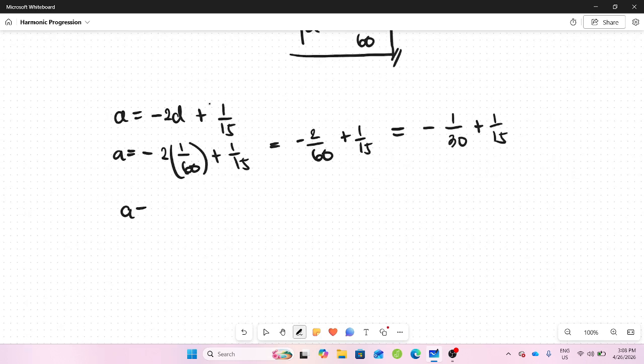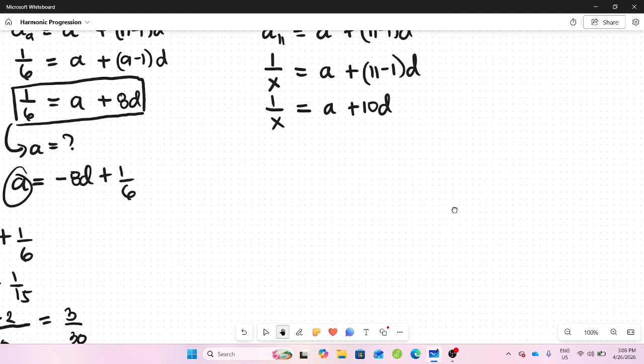The common denominator here will be 30. 30 divided by 30 is just 1, so times negative 1 is just negative 1, and 30 divided by 15 is 2, times positive 1 is just 2, so we have here 1 over 30.